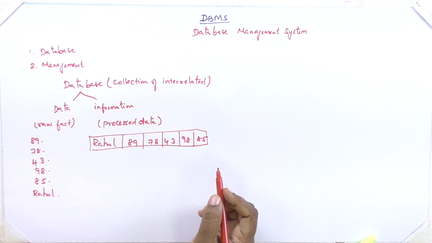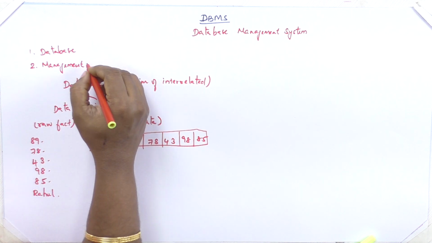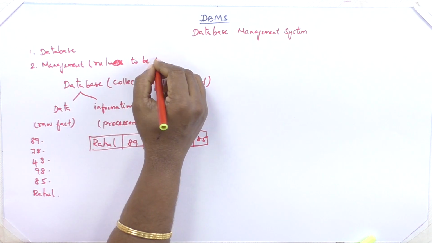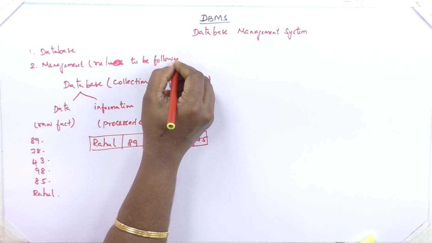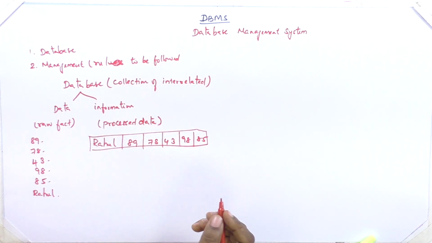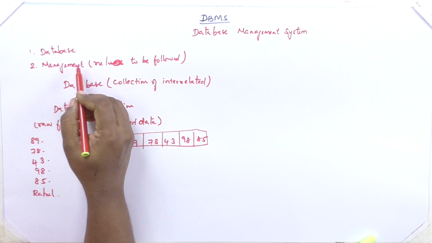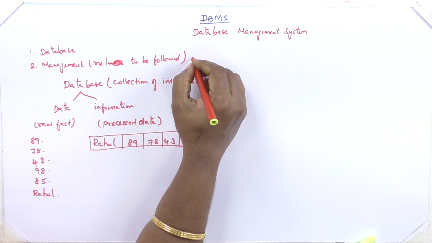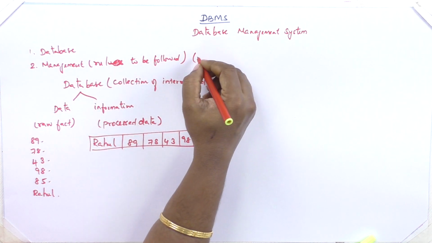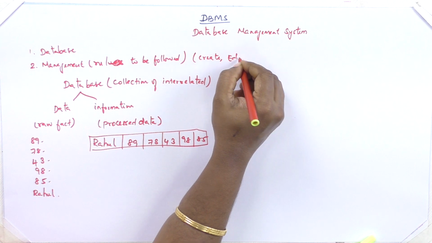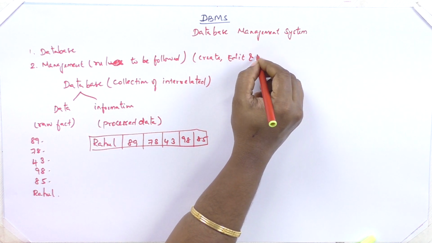A management system is nothing but a set of rules to be followed, which helps us in creating, managing and editing this data.